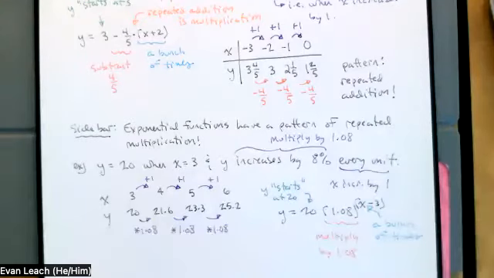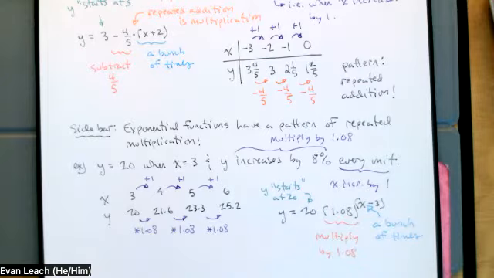Because when x is equal to 3, that's when I want to multiply by 1.08 zero times. When x is equal to 3, I have not multiplied by 1.08. And so that exponent of 0 will make the 1.08 to the 0 power 1, and it's 20 times 1. I want to think about where we're starting from.